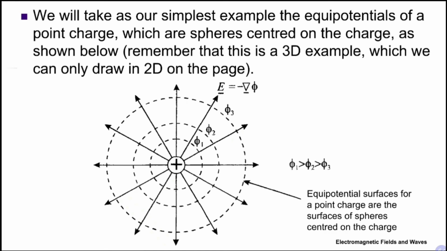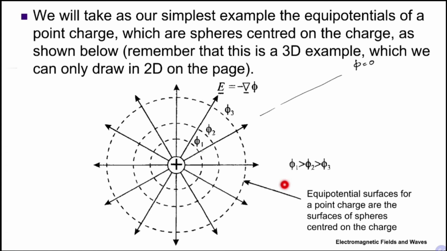So this is the example that I showed just now, the point charge. As you go away from the charge, the potential is going to decrease. You've got phi 1, phi 2, phi 3, and then if you go all the way to infinity, phi becomes 0. Starting from a higher potential, you go lower and lower until 0.